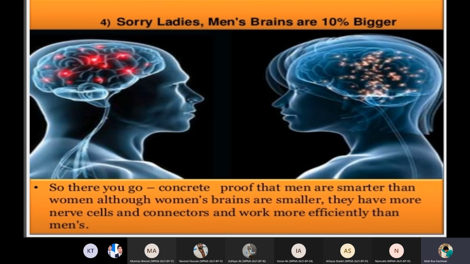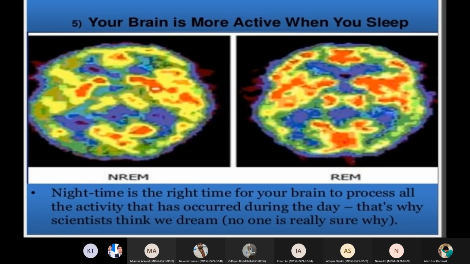Although the women's brains are similar, they have more nerve cells and connectors and work more efficiently than men. Your brain is more active when you sleep.